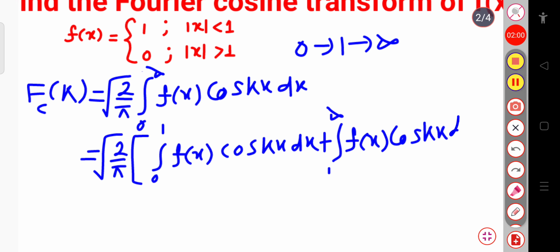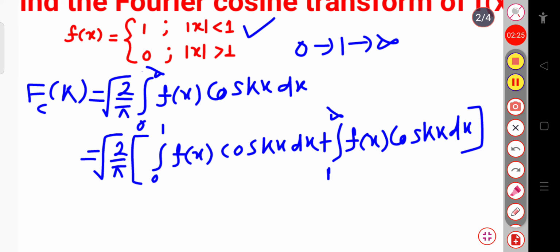Again the bracket is closed. You can see that we have simply split the integration from 0 to infinity into 0 to 1 and 1 to infinity. Now if I put the value of f of x in the limit 0 to 1, where x is less than 1, the value is 1.